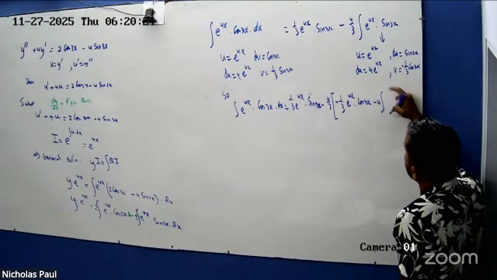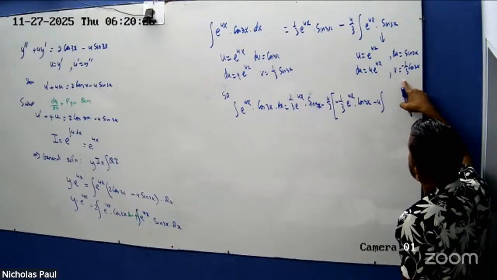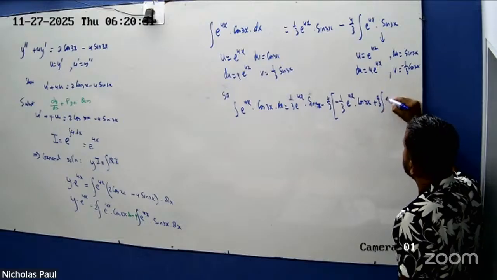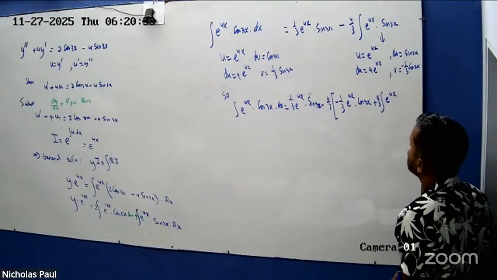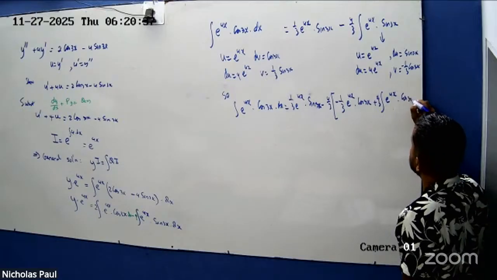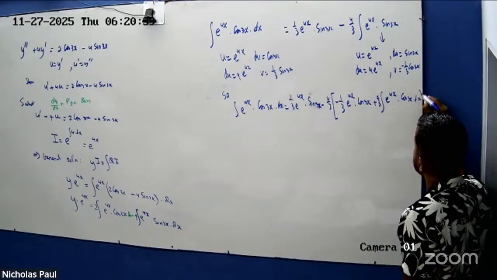So that'll be, this by this, sorry, plus 4 on 3 e to the 4x dot cos 3x dot dx.